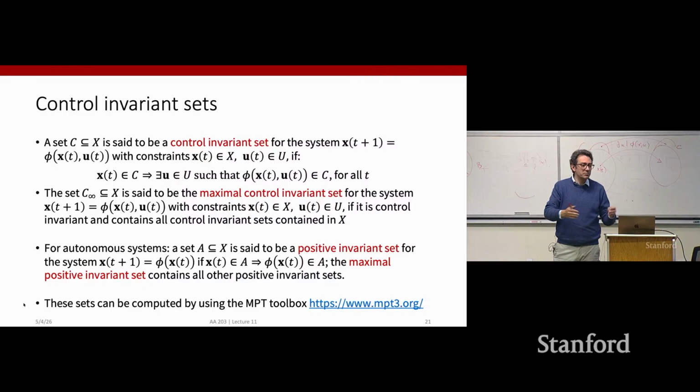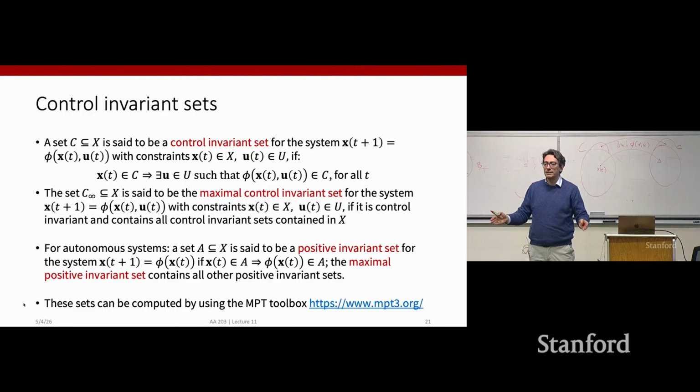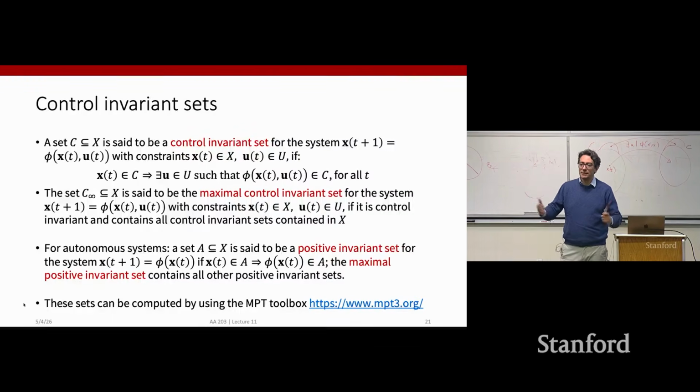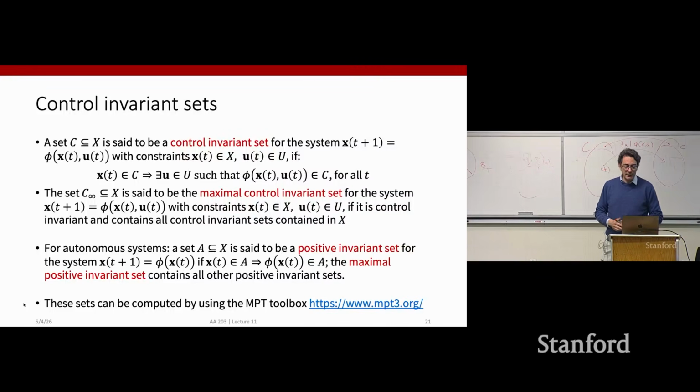So the origin typically, you see what I'm saying? So you start at the origin, x equals 0, assuming that the control u is a feasible control, then Ax plus Bu is still 0, which means the next state is 0. So that's a control invariant set. But that doesn't mean that there might not be some other states that actually still allow you to transition into the same set. We'll see actually some examples later.